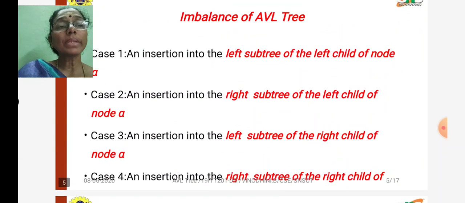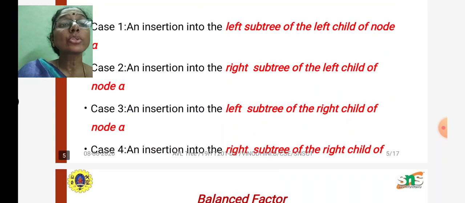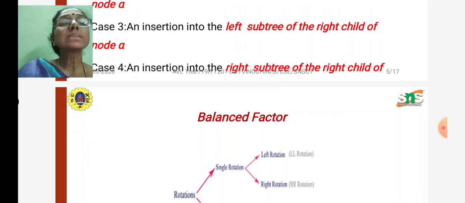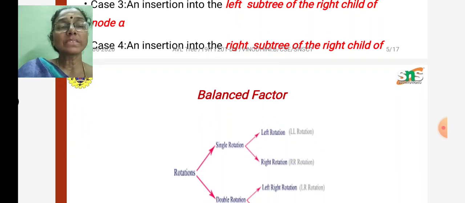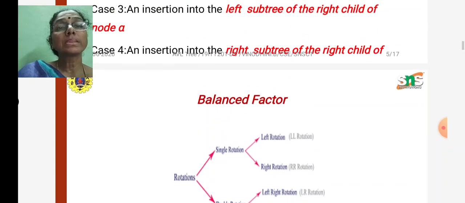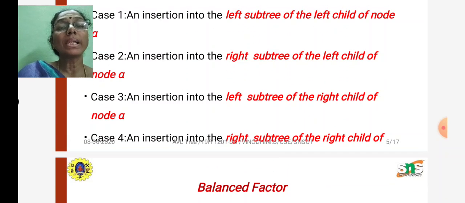In case of imbalance, we have to do rotation in the AVL tree. We do the rotation to maintain the balance factor as -1, 0 and 1, whenever we face an imbalance. Rotation can be a single rotation or a double rotation. The single rotation applies in case 1 and case 4.